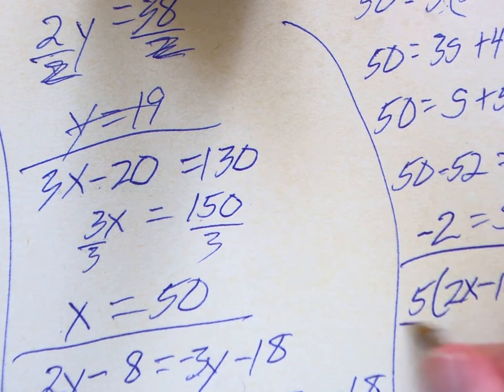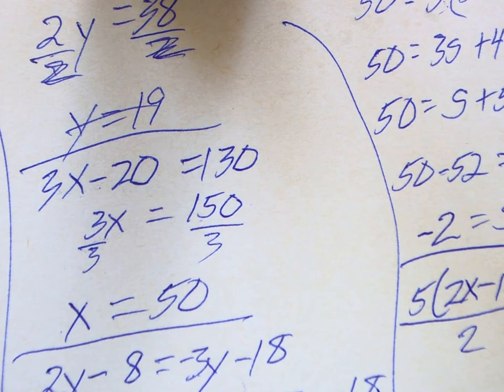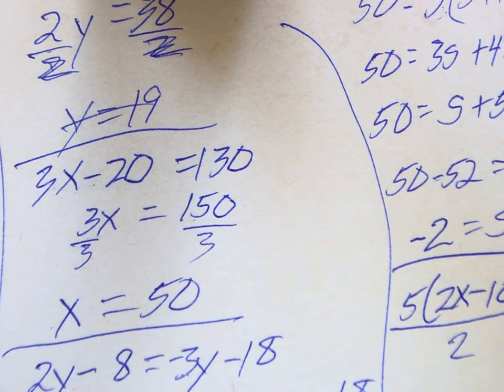Now it's on top of 2. That means 2 has to be divided into this whole thing up top, right? But since it's multiplying, we could just divide the 2 into the 5, and that'll take care of it. But 2 doesn't go into 5 nicely, so we're not going to do that. Plus 14 equals 19. Okay, so what I suggest here is we don't want to multiply times 2 because then we'll have to multiply 2 times that also.